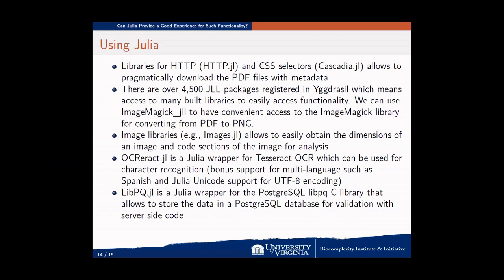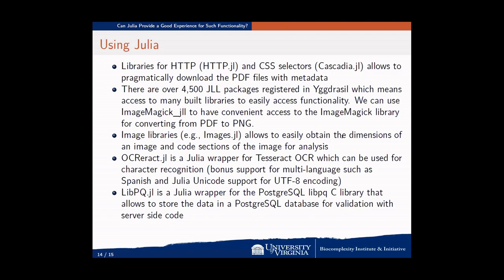And the same way I can use the OCReact Julia wrapper, which is just a few lines of Julia code to wrap the C library for Tesseract. And I get all the functionality of that system library with multi-language optical character recognition with a Julia interface. And this is already built. I don't have to compile it on my own machine.